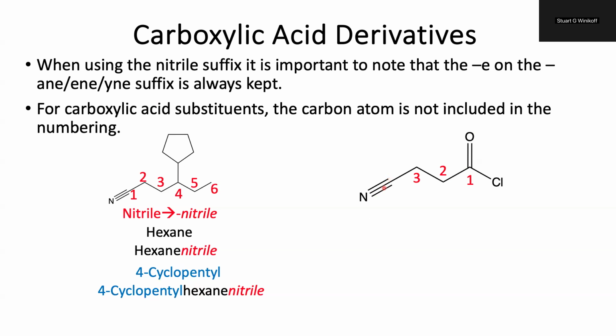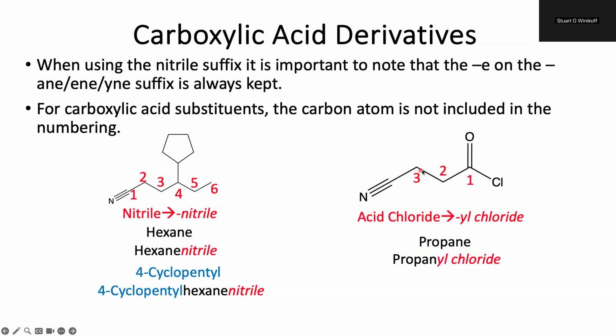We can see this with a mixed acid chloride and nitrile species, because acid chlorides are a higher priority than amines or nitriles. So I'm going to have an oyl chloride suffix. And because the numbering isn't going to include that carbon, I only have a 3-carbon chain. So this means I have a propanoyl chloride.